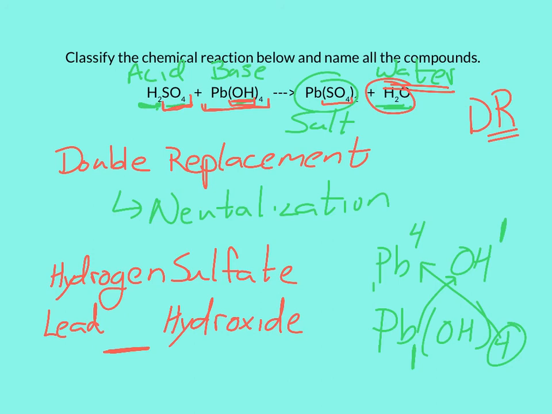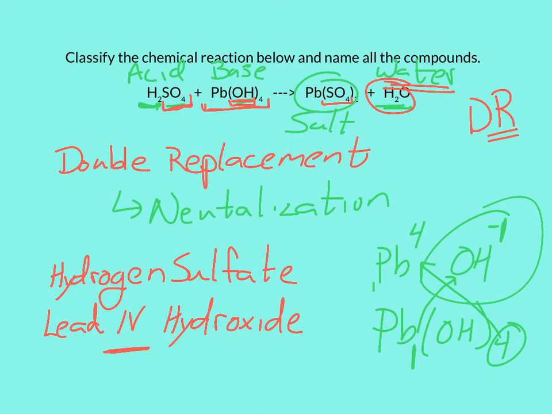So it looks like lead 4, and I can verify that when I go to my polyatomic chart. Hydroxide is supposed to be -1, so this is lead 4 hydroxide. That's a tough one, but we have to be specific. This is lead 4 hydroxide.